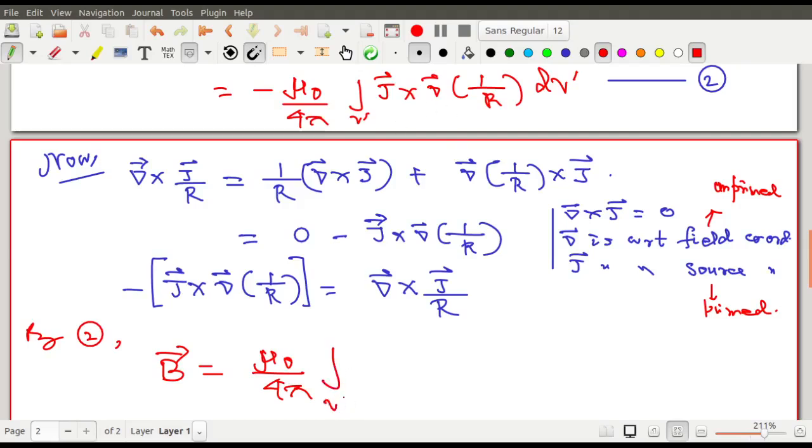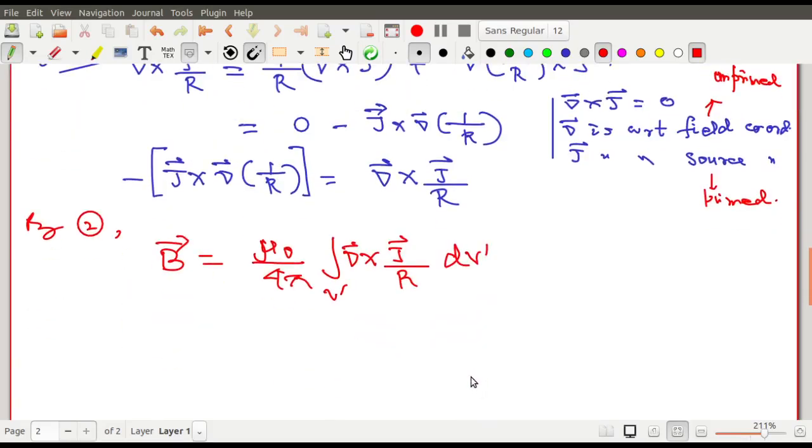So mu 0 by 4 pi, the negative sign is adjusted over here. So this gives me the integral over v dash of curl of j vector by r into dv dash. So that is what I end up with. After this, this curl I can take outside the integral. Again the reason is known to you, because the integration is over the primed coordinate but the curl is with respect to unprimed coordinate.